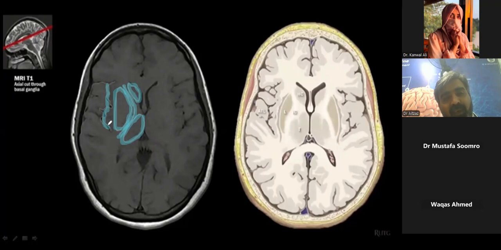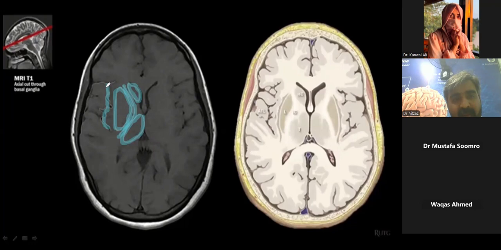When you are going through this sequence and image, not only look at the sequence; you should also imagine the patient lying on the table in the operation theater, and you are going to the insular cortex. What structures you have to go through to reach the insular cortex. So this is the Sylvian fissure, and this is the insular cortex.